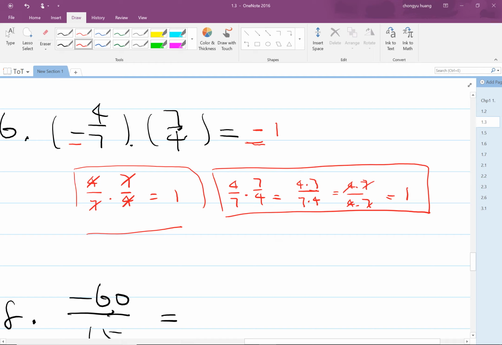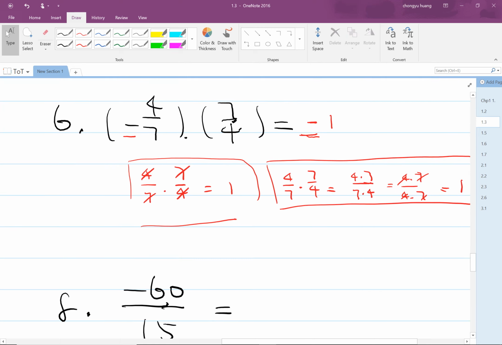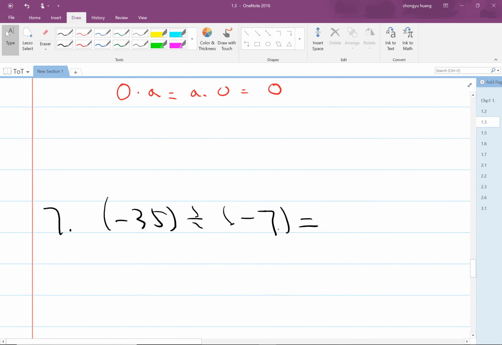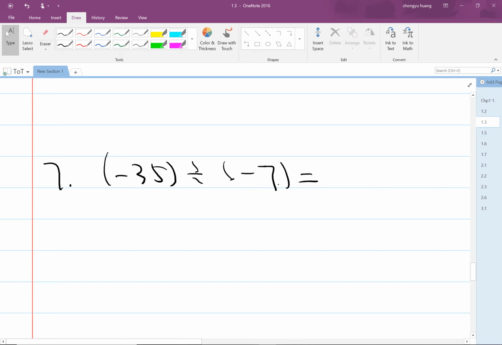You don't want to forget about it, otherwise you get the wrong answer. So make sure you put the right sign before you do a step like this. As we said before, you want to have the right sign at the beginning. After that, you can do whatever you want.